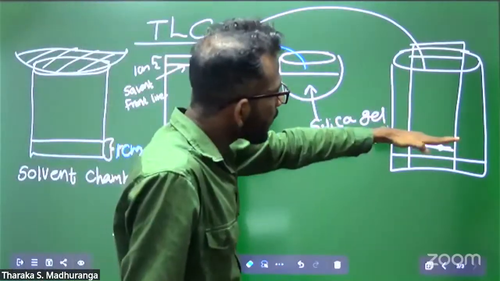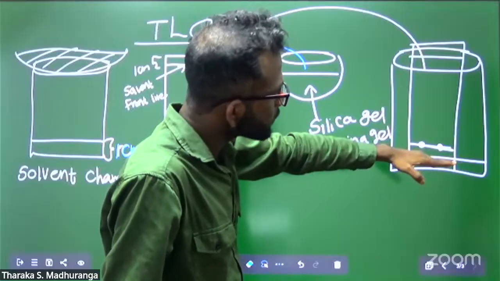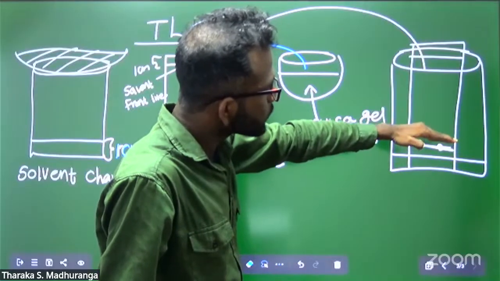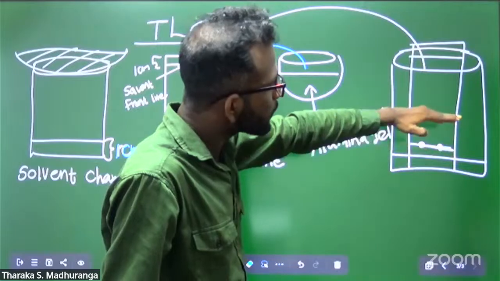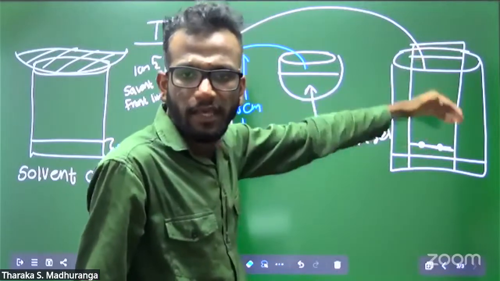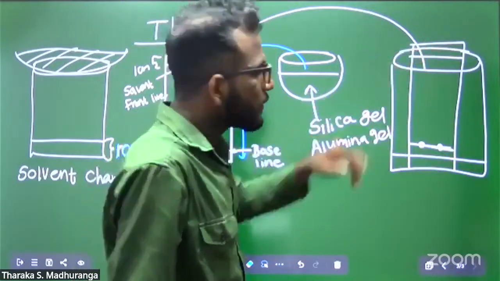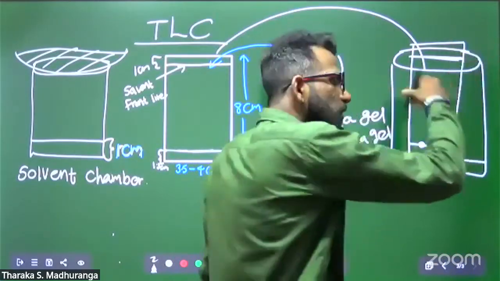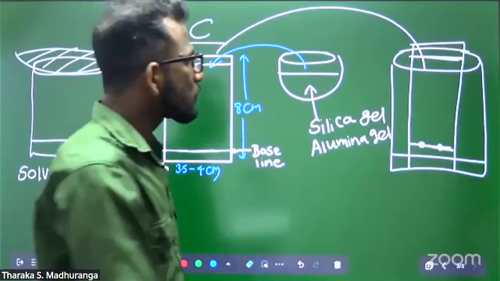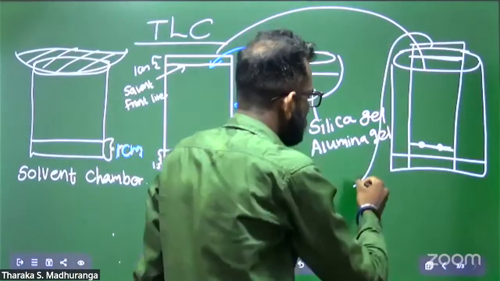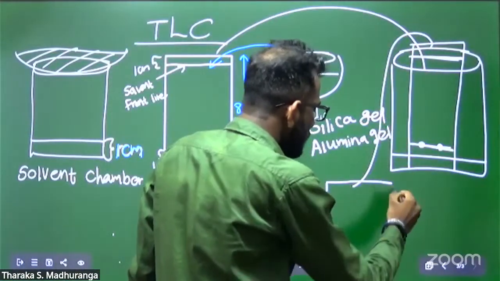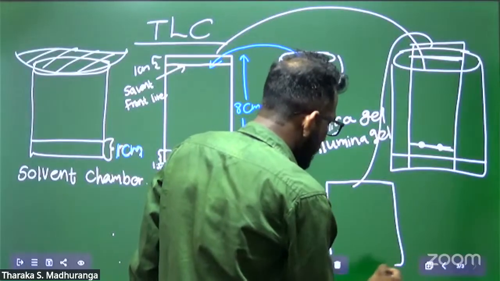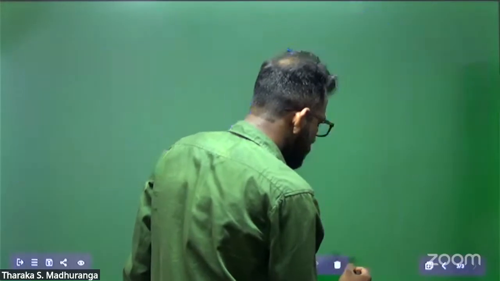Then same as paper chromatography, you can see the solvent vapor gradually go up through this silica gel layer. It's going up. Then the solvent goes to the solvent front line. Again, we need to take this glass plate out, and we can observe as previously.